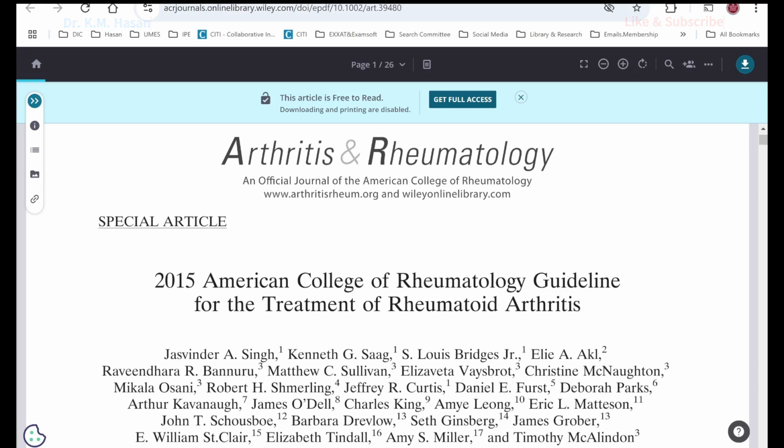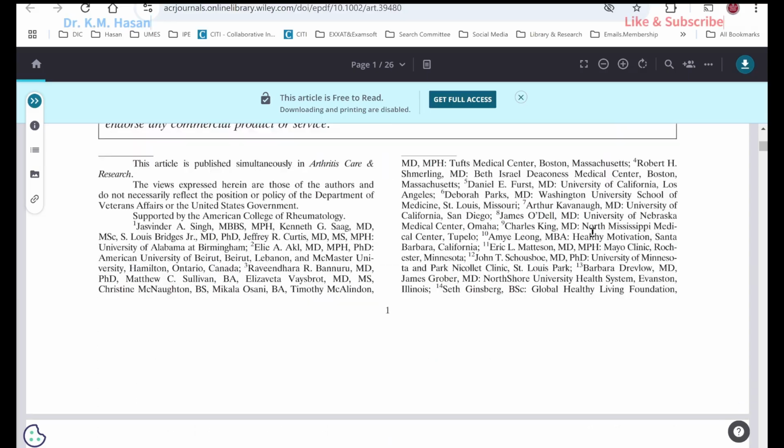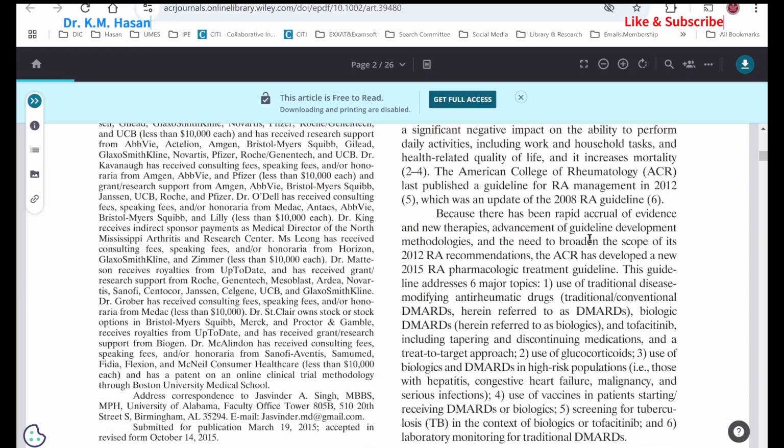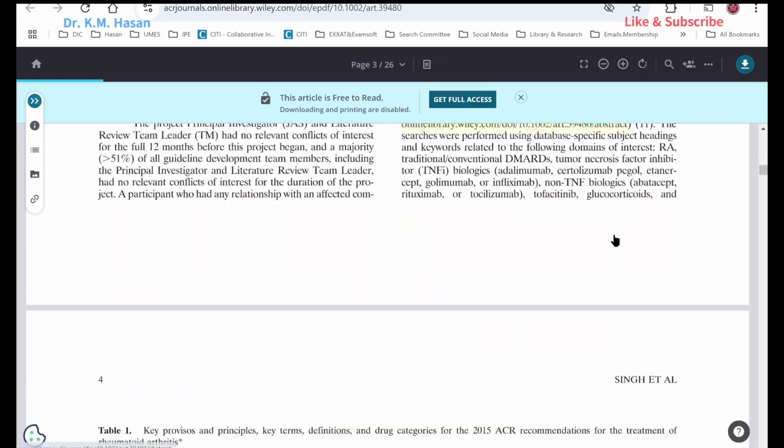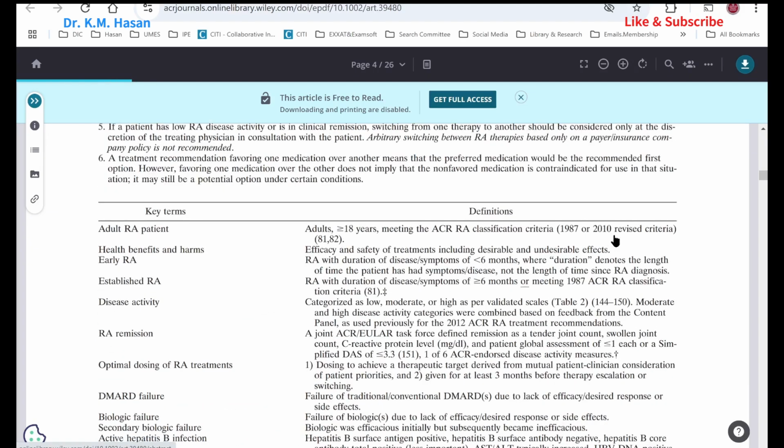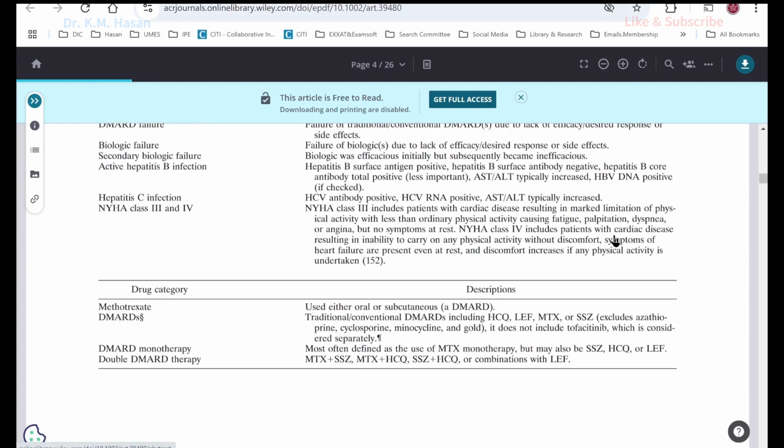Okay, by clicking on the link available on the slide, you can see the American College of Rheumatology guideline for treatment of rheumatoid arthritis. They have a lot of detail there, so I recommend you go through this DMARD treatment, for example. There is a lot of data about disease activity and remission.